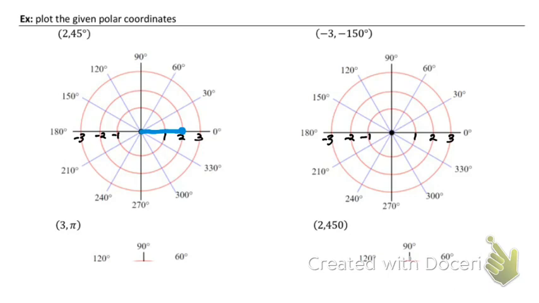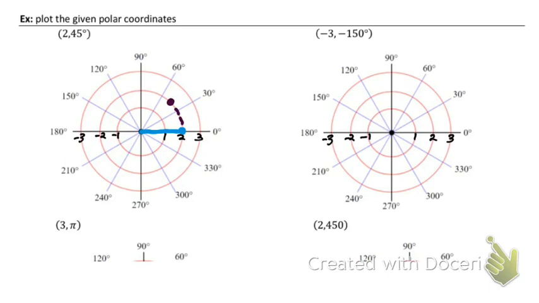So in this one, I want to go counterclockwise 45 degrees. Let's see if I can get something that stands out. No, probably not that. Maybe purple. So on that 2 line, we're going to go out to about 45 degrees, which is right here, because we can picture that line. That would be 45 degrees out here.